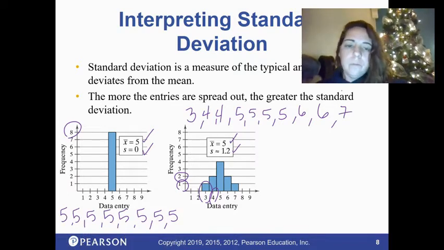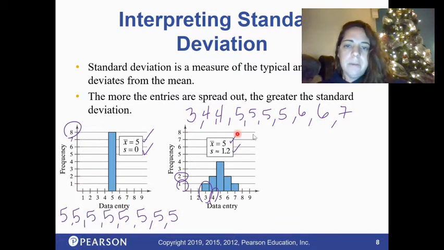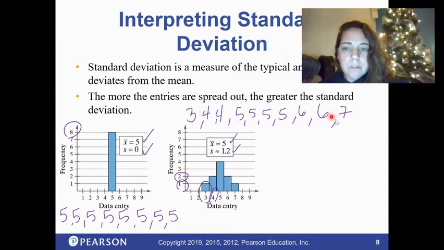Okay, so all this stuff that I just drew up here is the original data that is grouped in this frequency chart, where it says there's one of these 3s, there's two of these 4s, there's four of these 5s, right? That's why I wrote those out. And so, yeah, this is a little bit more spread out. They're not all the exact same answer like they were here. So, okay, I believe you. 1. Okay, great. Fine.